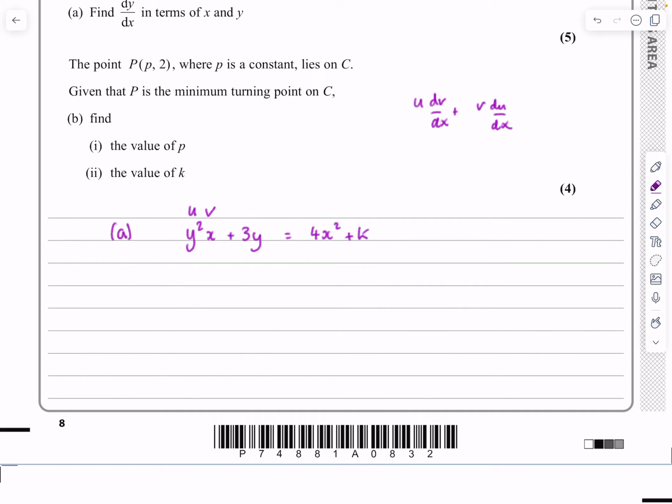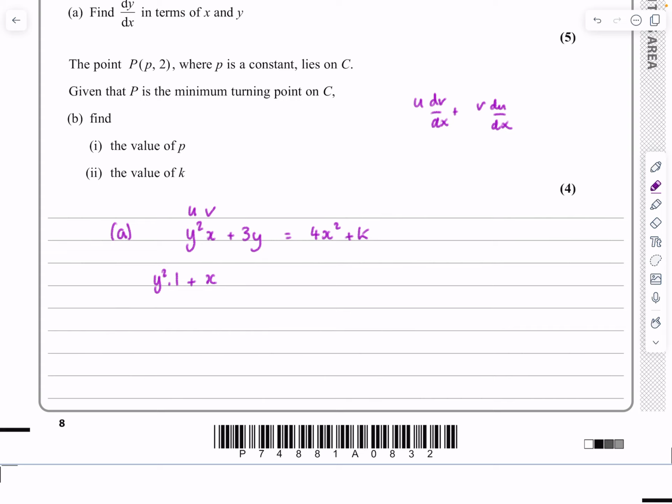So u dv by dx: u is y squared, dv by dx is the differential of x, which is just 1, plus v du by dx. Well, v is x, and du by dx is the differential of y squared, and this is where we first start introducing parametric differentiation.